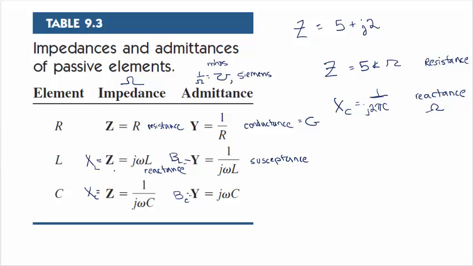If the frequency, oops, there's an f missing here, if my frequency gets very, very large, my reactance gets very, very small. So at very high frequencies, a capacitor would behave as a short because the number of ohms gets very small.